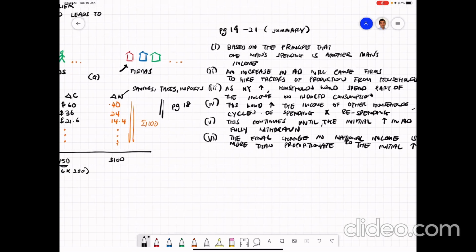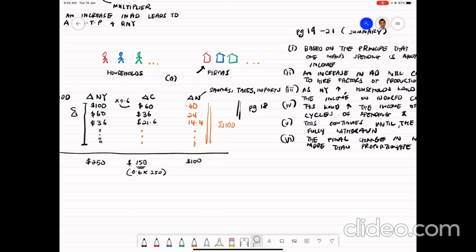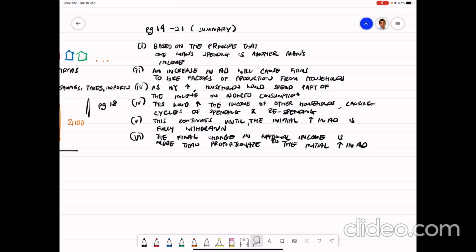So AD only increased by $100. So initially I pushed in $100, but I had $250 worth of increase in national income. So the final change in national income is more than proportionate to the initial change in AD. Okay, so that's the process.